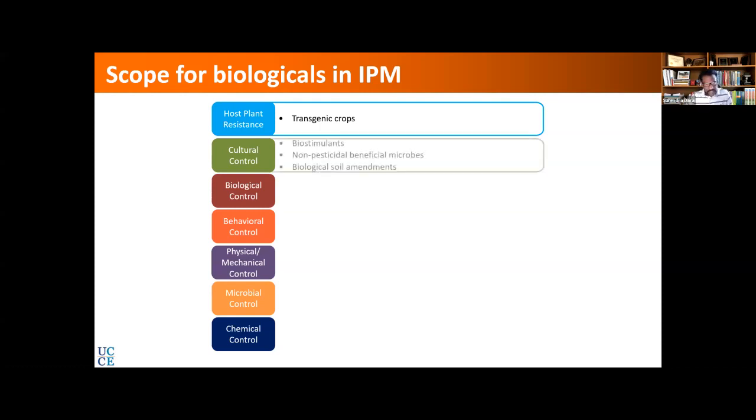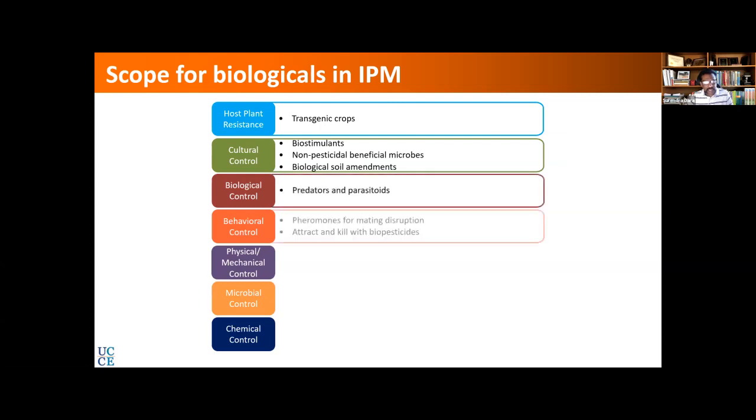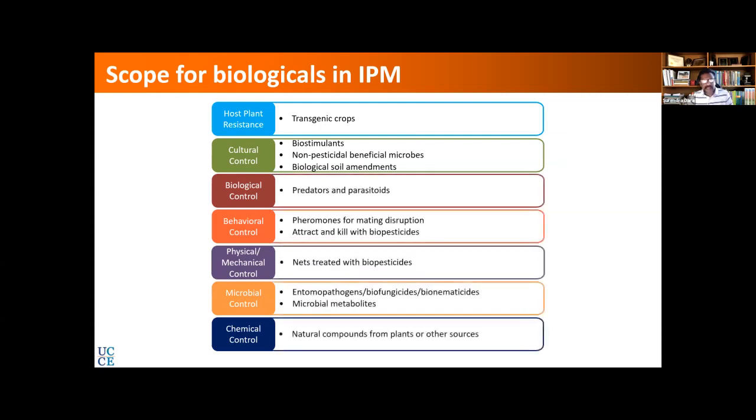That is, but then if you look at everything else, we have biologicals in every category of IPM, right? If you look at cultural control, all these biostimulants and all the materials you add for agronomic purposes there, then biocontrol agents, obviously, then behavioral control using these pheromones, or using these biopesticides with the attract and kill strategy, and then nets treated with biopesticides, then microbial control, different kinds of fungicides and insecticides we looked at.